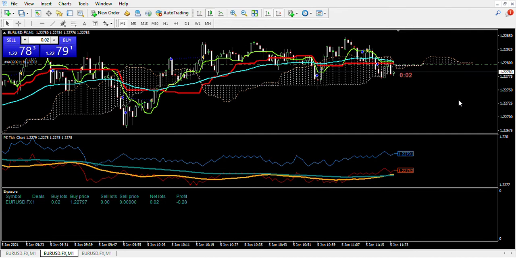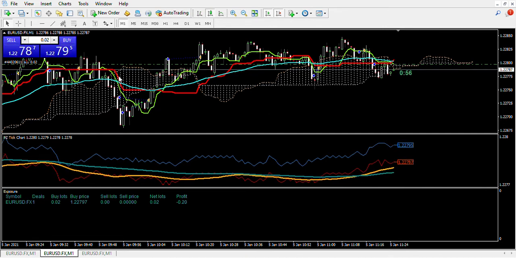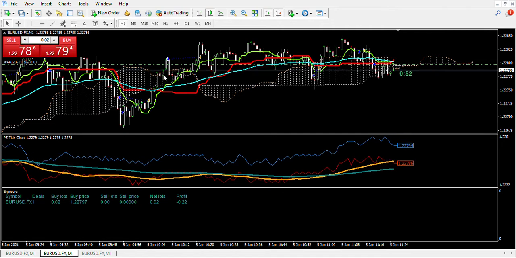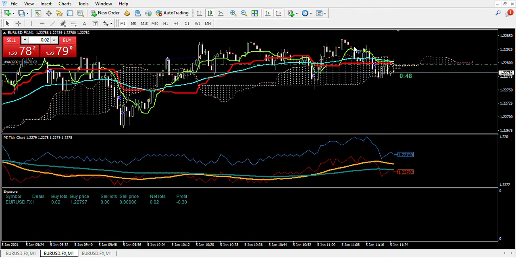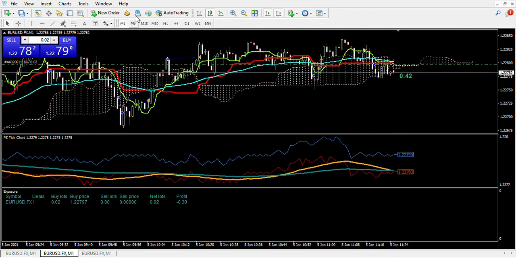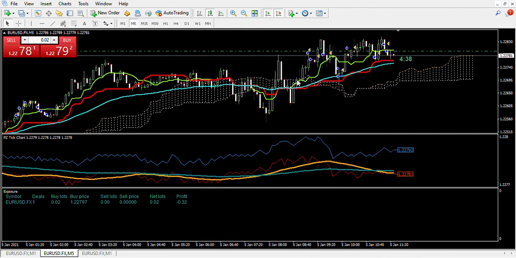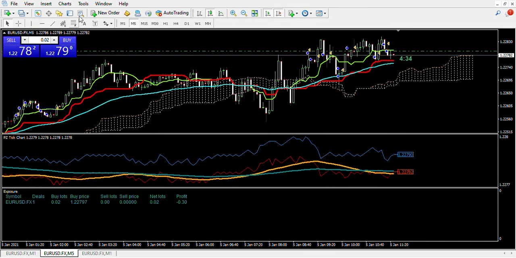I've noticed on the euro dollar, as you notice here, it's above and it goes below the 50, then it kind of swings up, it goes above it. But in this time frame, as you can see, it's kind of hovering around it. If you go up here to the 5 minute time frame, you can see it's tracking fairly close to it.